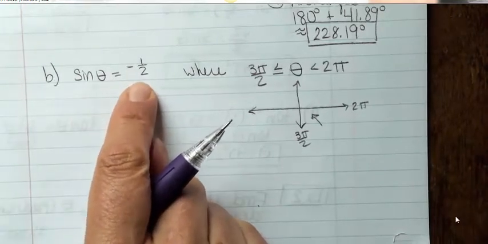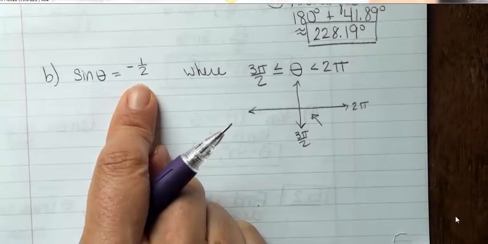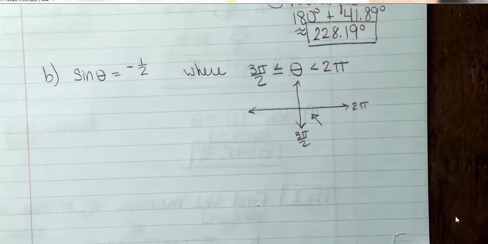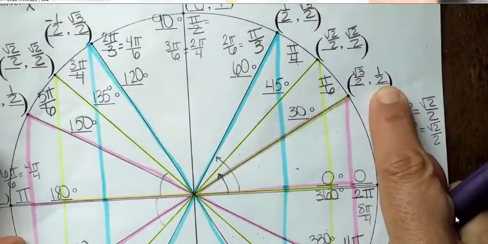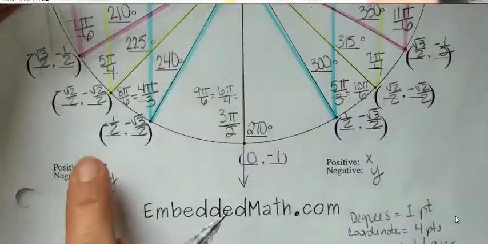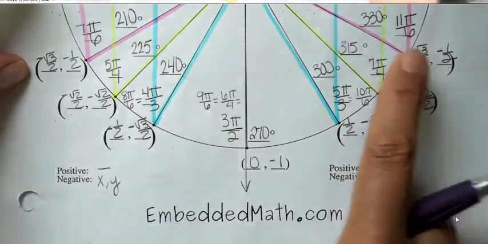There are outputs on the unit circle that are negative 1/2 for sine. So there are outputs that are 1/2, still 1/2, negative 1/2, negative 1/2. So it's one of these two.